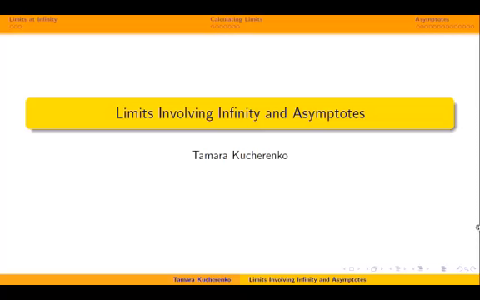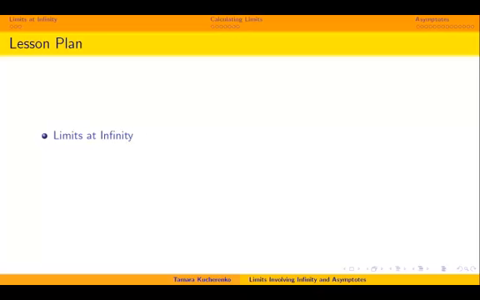Today we will talk about limits which involve infinity in one way or another, and geometric representation of such limits, which are lines called asymptotes. First, we define what it means for a function to have a limit as x approaches infinity.